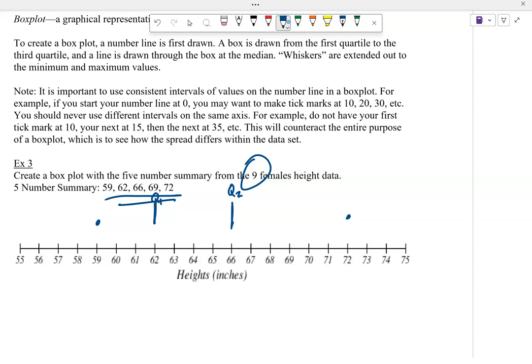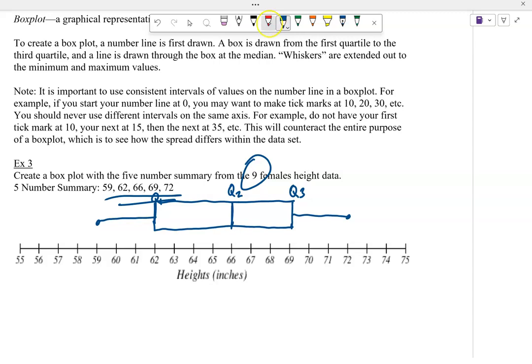That's quartile 1. 69 is quartile 3 from the 5-number summary. So I'm going to connect those, and you can kind of see it shows a little bit of that variability using the 5-number summary, right?